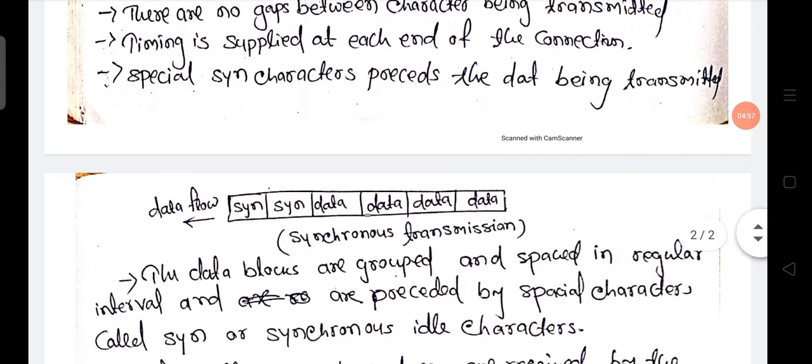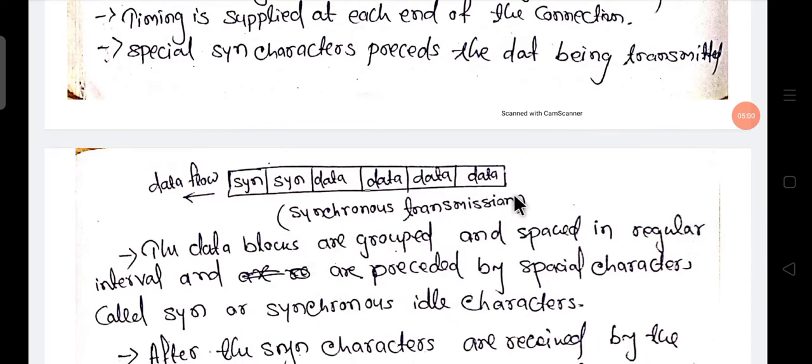Here, in synchronous transmission, the first thing is the sync or synchronization character, then the data follows. The data blocks are grouped and spaced at regular intervals and are preceded by a special character called the sync or synchronous idle character.